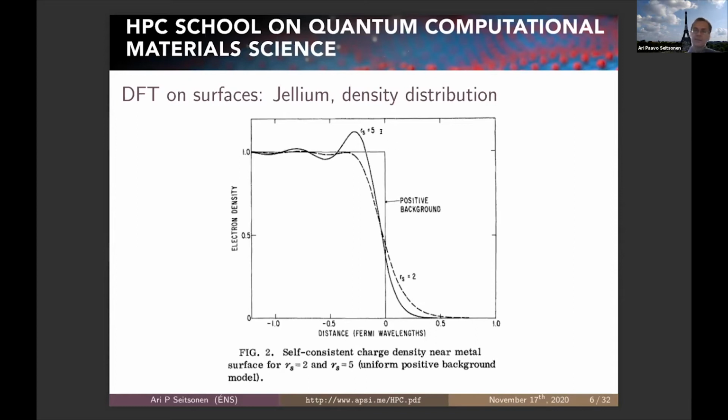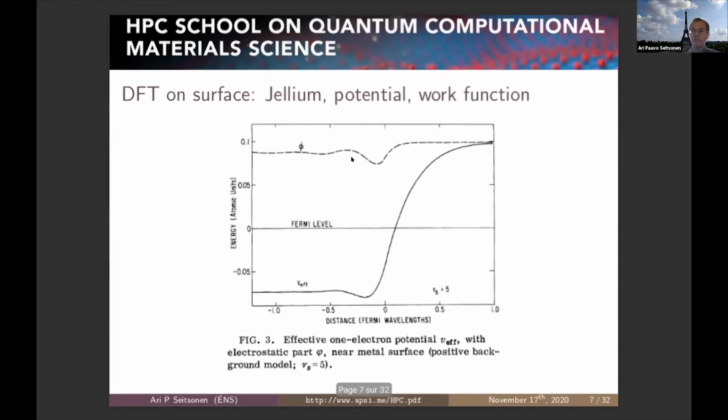These are two different values of the electron density, using the so-called Wigner-Seitz radius. One sees, for example, these Friedel oscillations inside the material, and this side is the vacuum. One sees how the electrons, to avoid infinite kinetic energy, smoothen out. And this of course also leads to these oscillations. These are the small things which people could do.